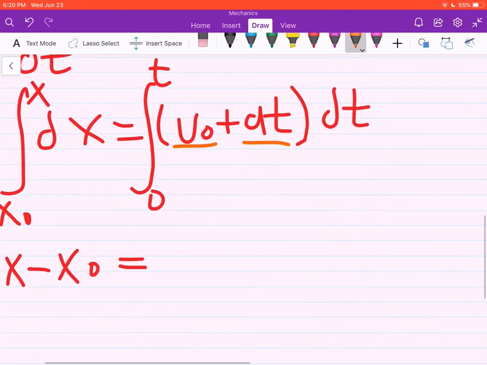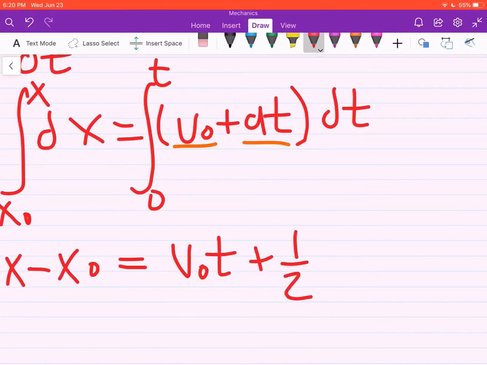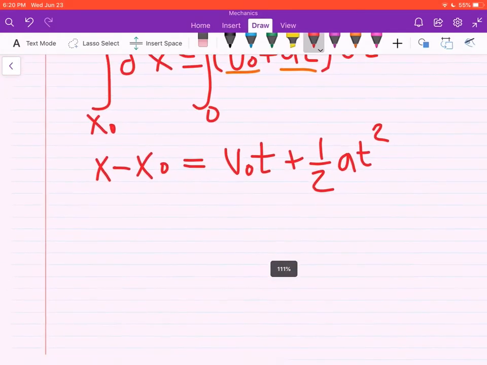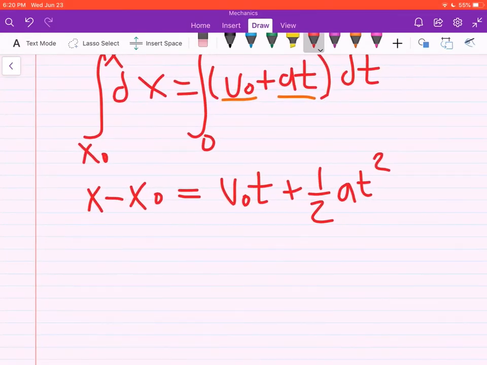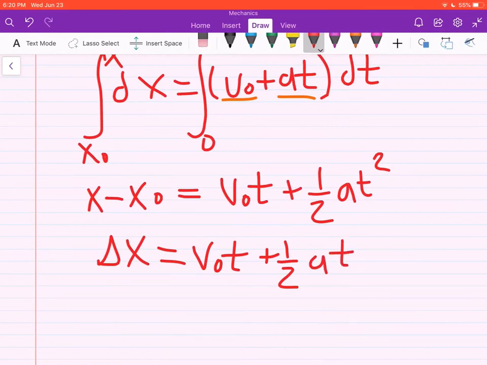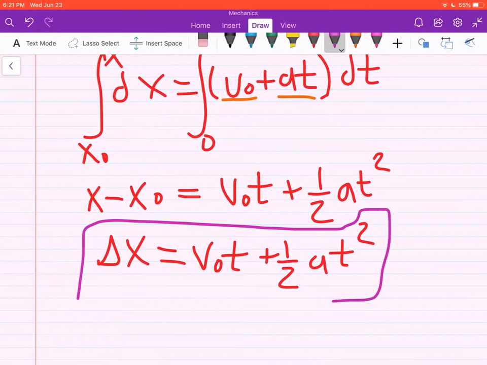So that equals v0 t plus 1/2 at squared, and our left-hand side is simply delta x. And now we have our second equation of motion. And this is the most fundamental equation.